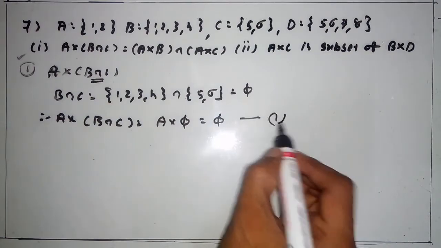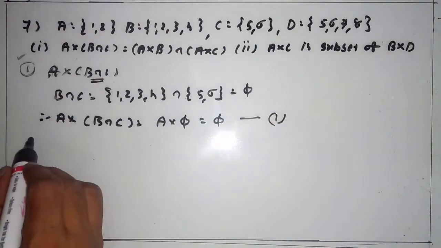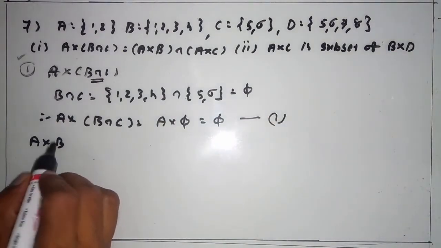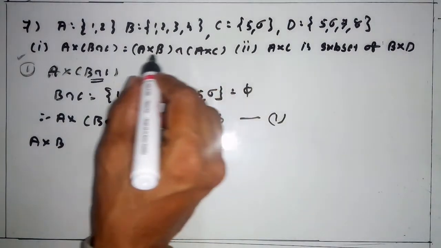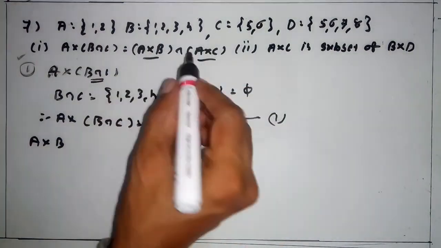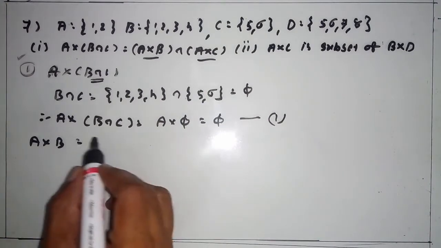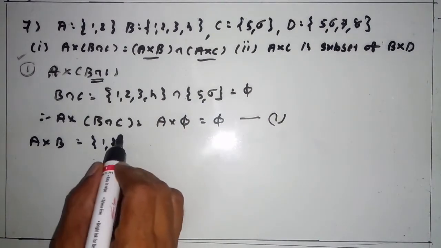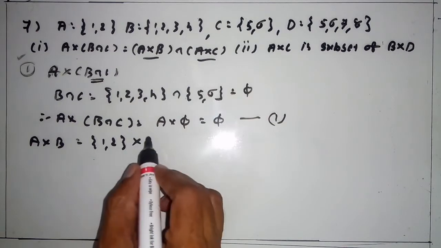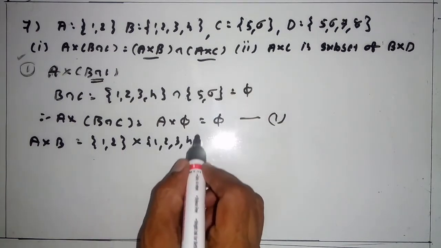Take this as result number 1. Now find the right side. For this, first we get A × B, then A × C, then take the intersection. First, A × B: A is equal to {1, 2} and B is equal to {1, 2, 3, 4}.